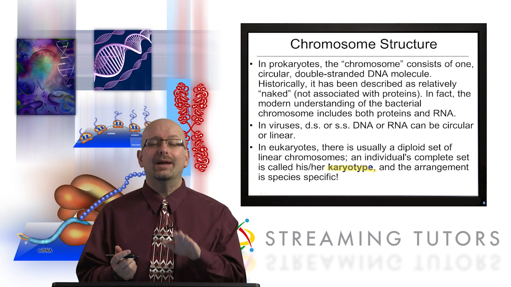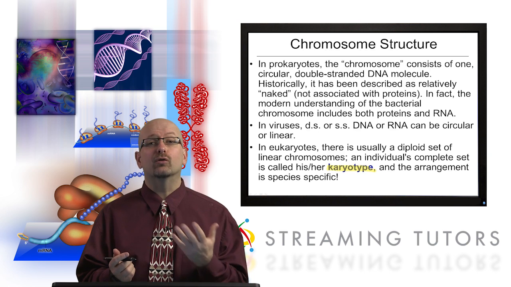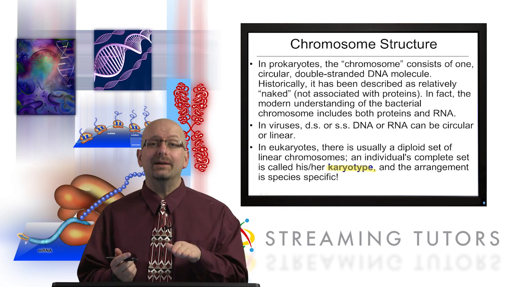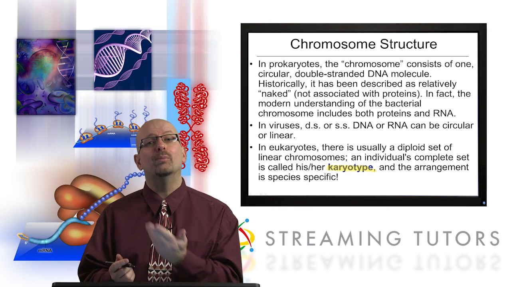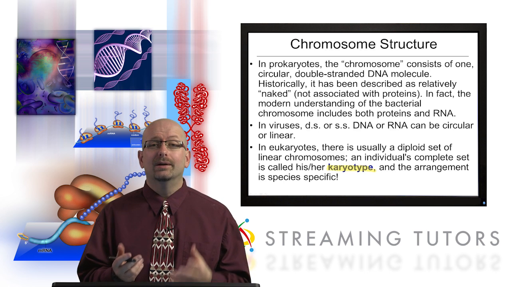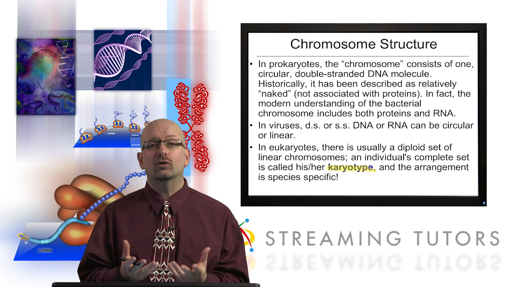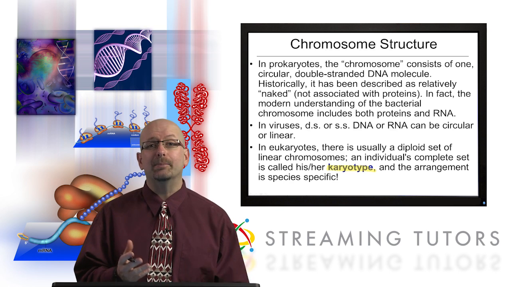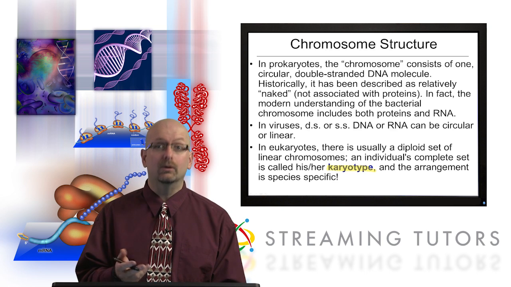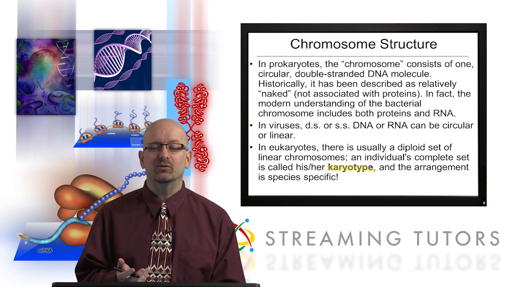And you'd have to be an expert to be able to do this, but for example, when they stain the chromosomes with different things, there are banding patterns that are observed, and they would be different in horse chromosome 1 than human chromosome 1. So you can make certain generalizations, but the exact karyotype is going to be different depending on whether you're looking at a human, a horse, a tree, whatever it is that's eukaryotic.